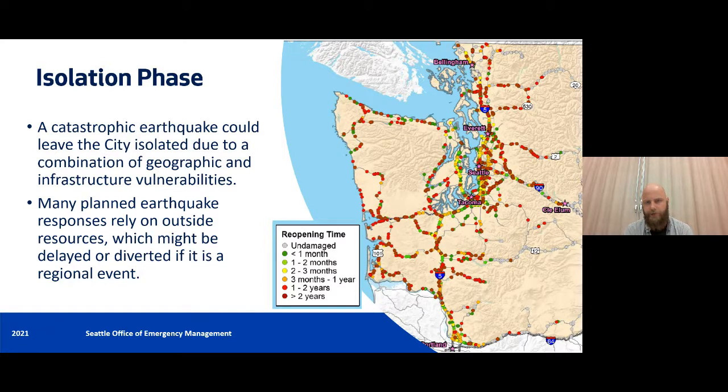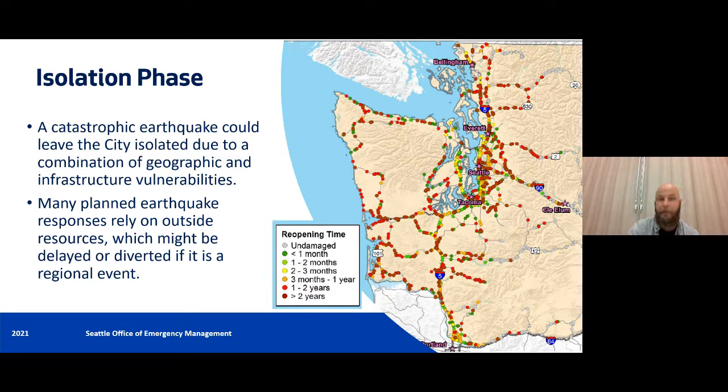And you can see in the legend that the red and the dark red are looking at 1 to 2 years or greater than 2 years in terms of reopening time. Obviously, we have a lot of water, we have a lot of bridges in the region, and we expect that, especially in a Cascadia subduction zone, we are going to be isolated for some time. And that's just that combination of geographic and infrastructure vulnerabilities.